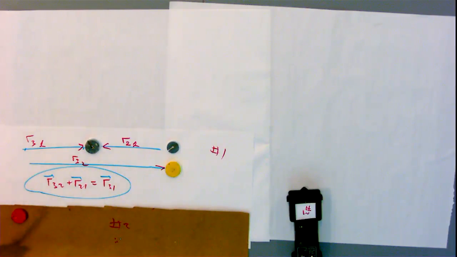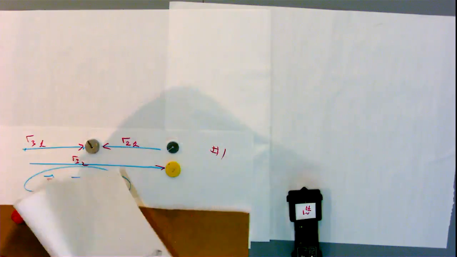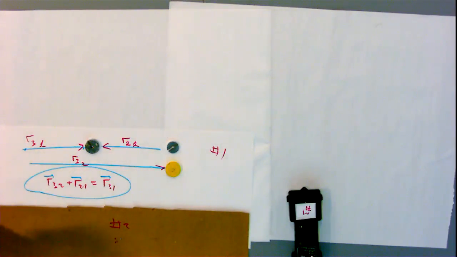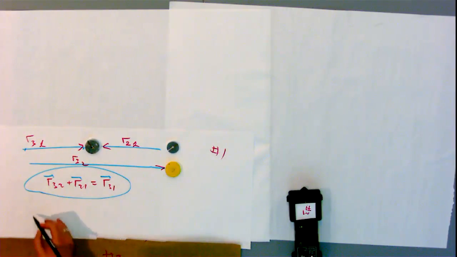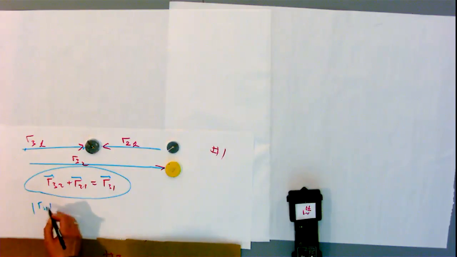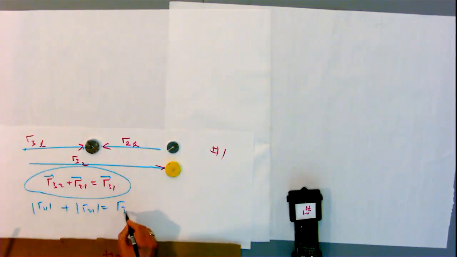When we use vectors, the equation which relates those displacements is the same. However, now, when we want to relate distances, magnitudes, numbers, the situation is different. If we want to use magnitudes, we should say that the magnitude of this displacement plus the magnitude of this displacement will be equal to the magnitude of this displacement.